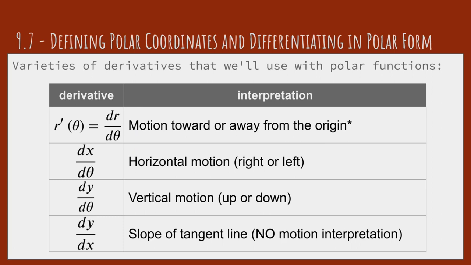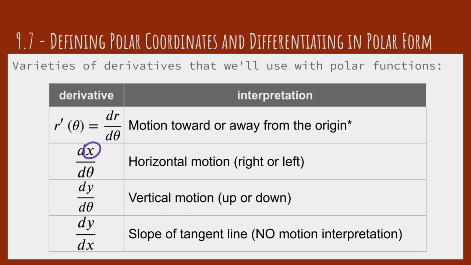So dr d theta, remember I mentioned, is telling us how fast r is changing. So if r is getting bigger or smaller, we're talking about whether something's moving toward the origin or away from the origin. I have an asterisk here because there are some special cases there, and I'm going to talk about that in a moment. dx d theta is talking about how fast the x-coordinate is changing.